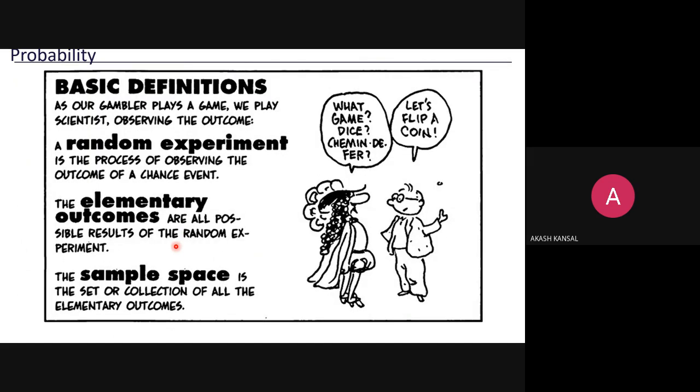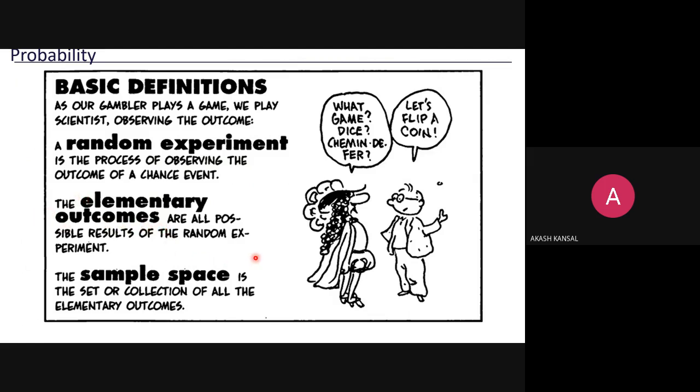Now let's cover some basic definitions, starting from a random experiment. A random experiment is nothing but the process of observing the outcome of any chance event. Throwing a die or tossing a coin is a random experiment. The second term is elementary outcomes. Elementary outcomes are all the possible results of the random experiment.